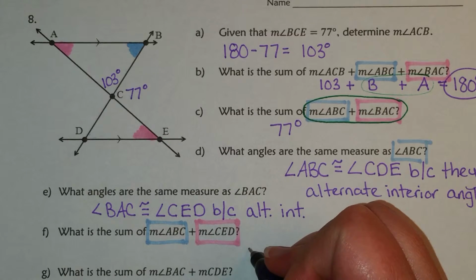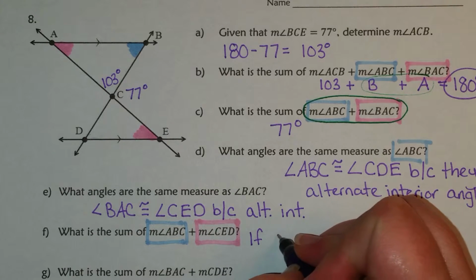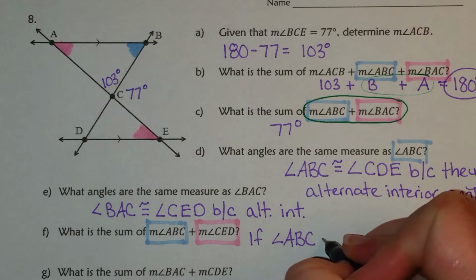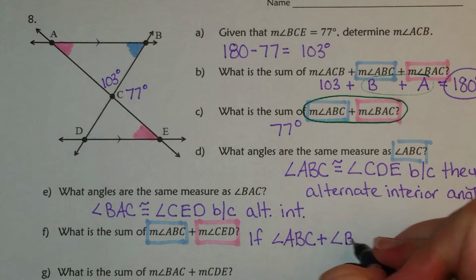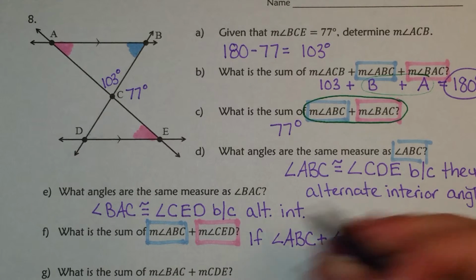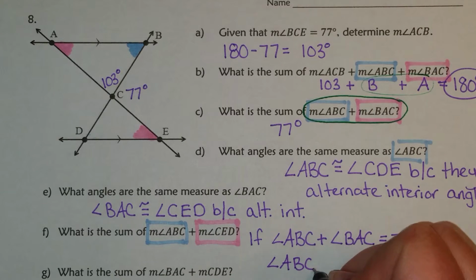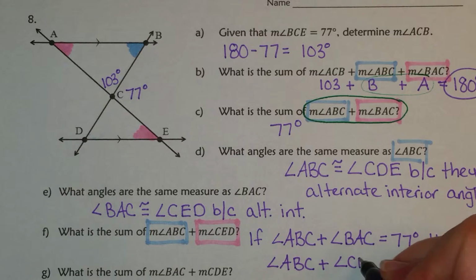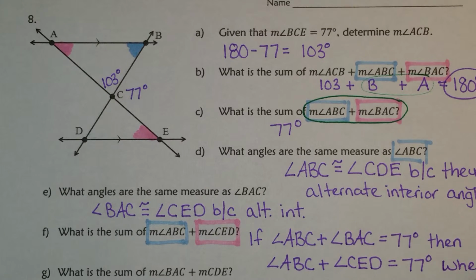So I have the measurement: if angle ABC plus angle BAC equals 77, then angle ABC plus angle CED also equals 77 degrees when angle BAC and angle CED are congruent.